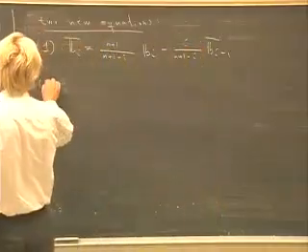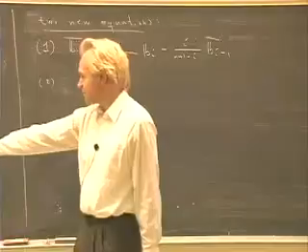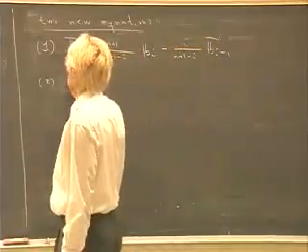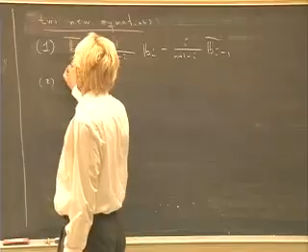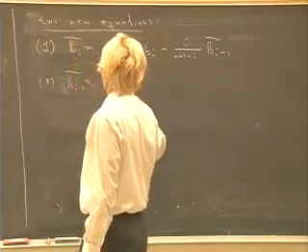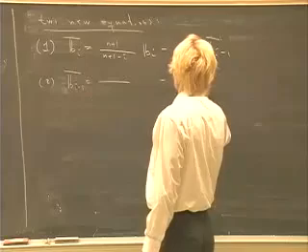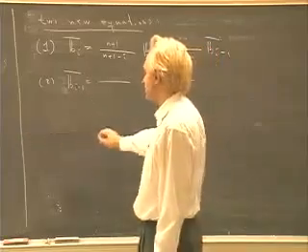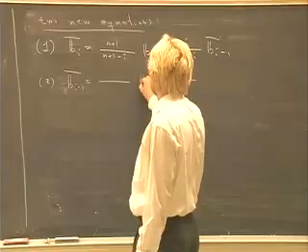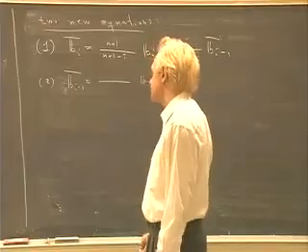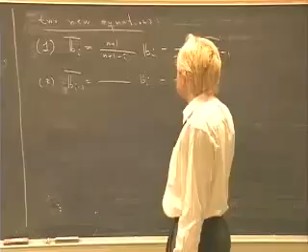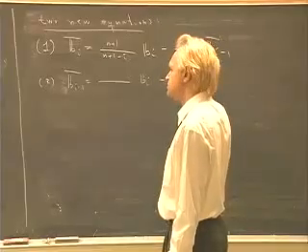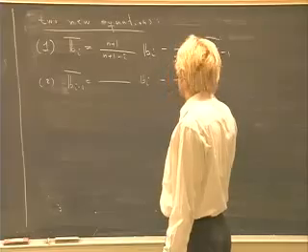The second equation I obtain by solving the equation for bi minus 1 bar. So that is bi minus 1 bar is something minus something. Bi minus 1 bar, again, that is bi here, and then it is minus bi bar.